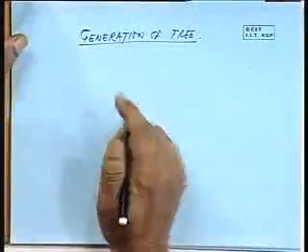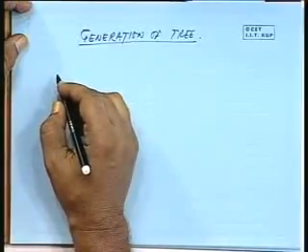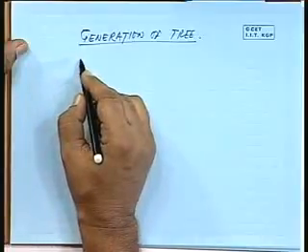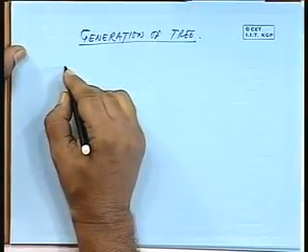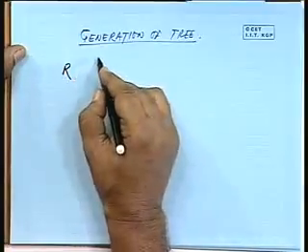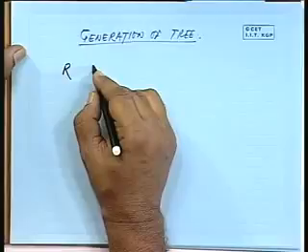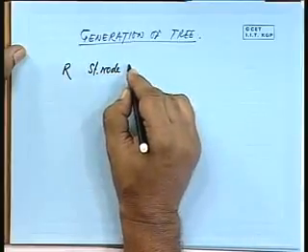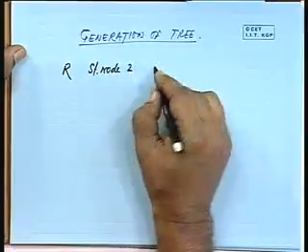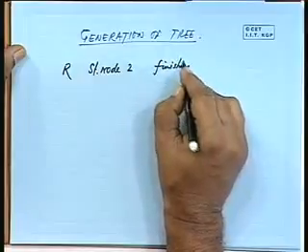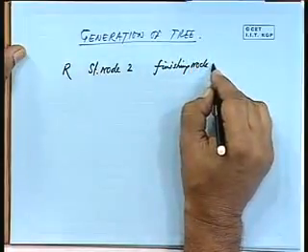So the first step is, normally we give the input as, say it is a resistance element. So we write R, then the starting node, say starting node can be 2, finishing node or ending node may be 5.